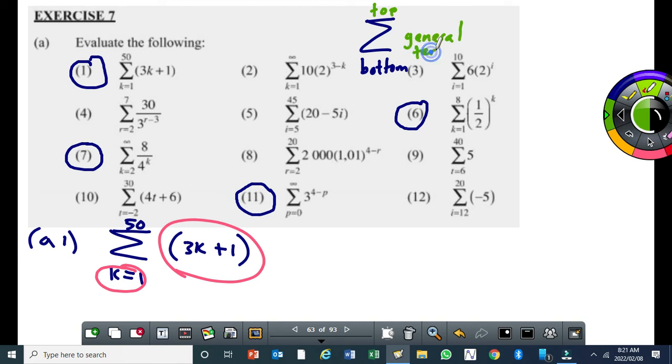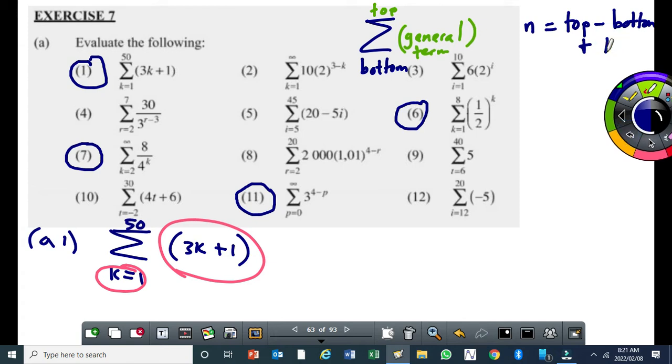If you want to know the number of terms in that series, your n for the series will be equal to top minus bottom plus 1. Very important for you to know that. Now you can use that formula if you get confused. But this is very straightforward. If you practice, you'll be able to get it. The only way is to practice.